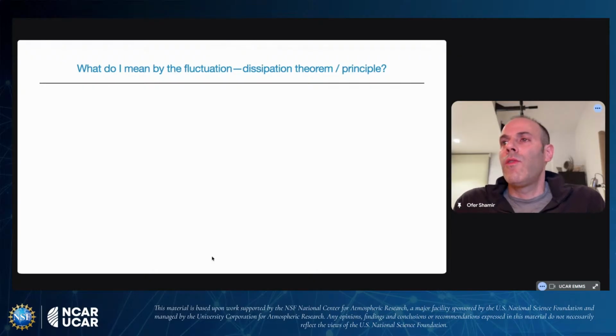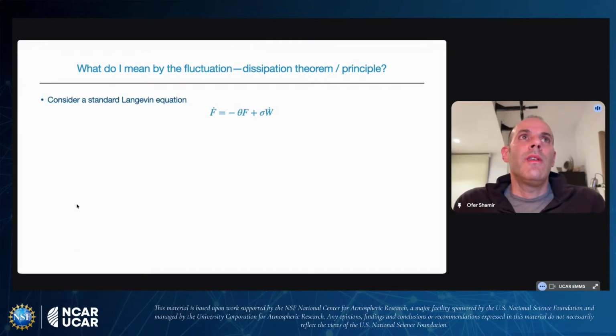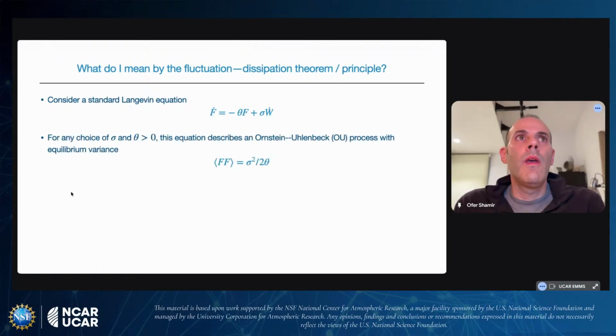I'm looking at it from a broad physical sense, not in the narrow sense that is sometimes considered in atmospheric sciences. So the idea is that if you have a standard Langevin equation like so, where here W is the Wiener process, then for any choice of sigma and theta greater than 0, this equation represents a stochastic process, an Ornstein-Uhlenbeck process, which decays towards an equilibrium, and the equilibrium variance is given by this expression.